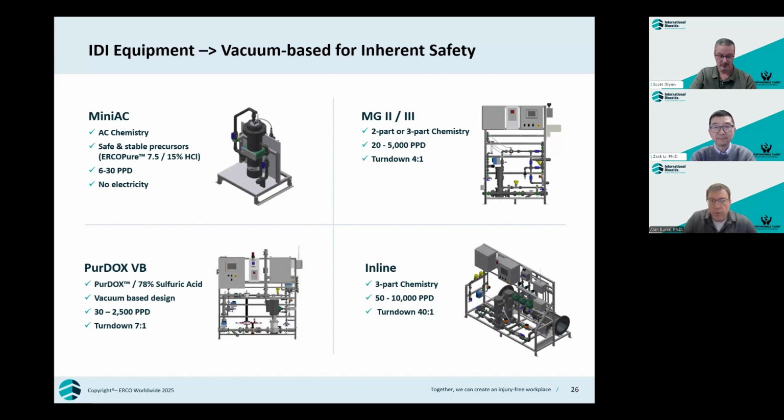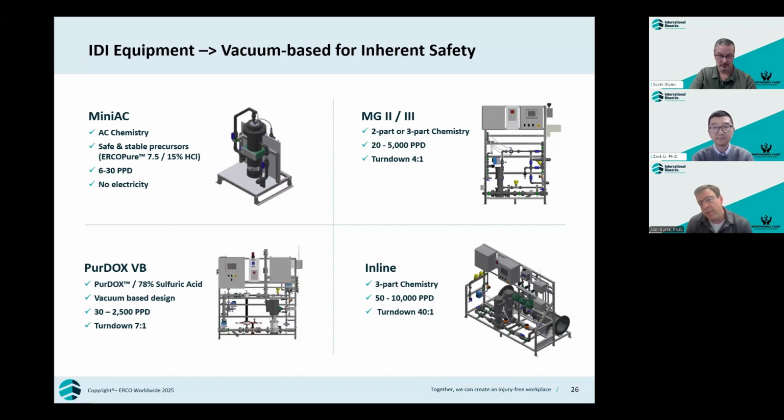Next, the MG2 and 3 basically refer to the 2 and 3 part chemistry systems. These are used in industry and municipal accounts largely. They offer good turn down ratio and a good means to monitor the efficiency of the reaction at the generator.